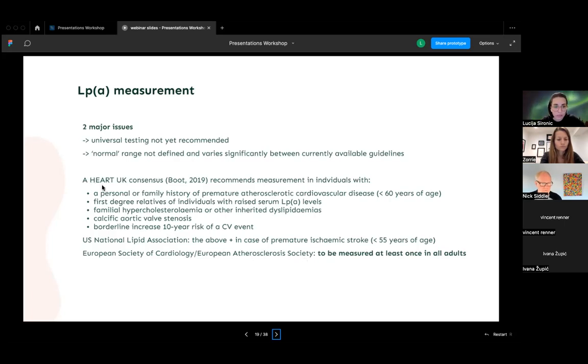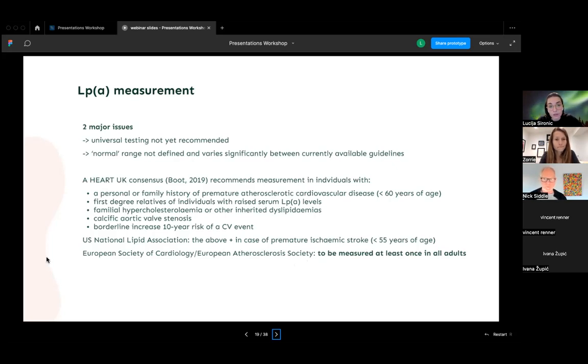Just to give you an example of when you might consider measuring this biomarker of cardiovascular disease. This is from a Heart UK consensus from a couple of years ago, showing that it would be useful to measure it in those who have a personal or family history of premature cardiovascular risk events. So again, something very relevant to our case study.